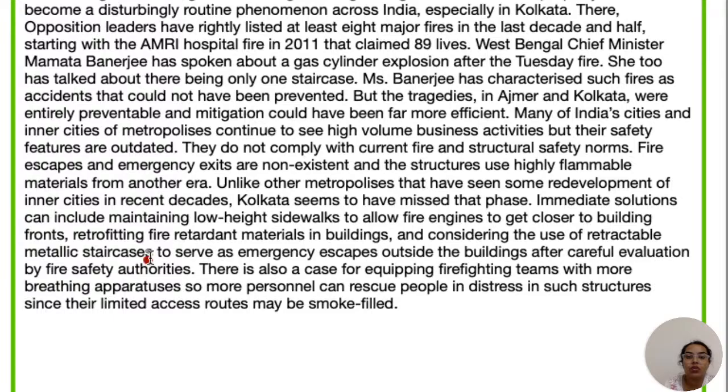So what we are saying here, Kolkata seems to have met the phase. Immediate solutions can include maintaining, can include what? Maintaining sidewalks to allow this to, retrofitting and considering. So there are three gerunds and they are used in parallelism. Maintaining something, retrofitting something, considering something. So all three are in the same form. So this is a gerund that is present in the sentence.